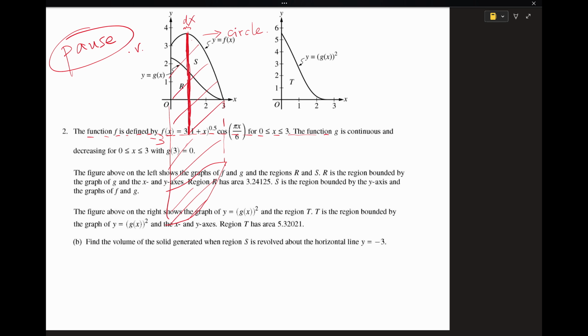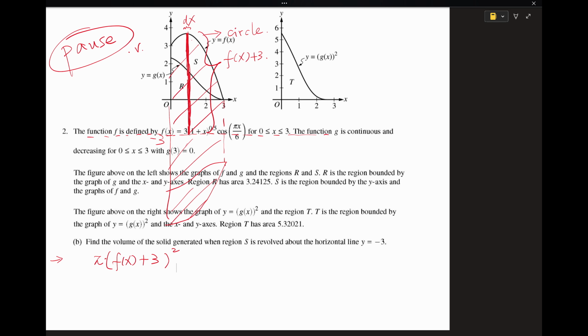And we know that the radius of this circle would be the value of f(x) plus 3. And then we're going to write down the volume of this slice first. So the area of the circle would be pi times the square of the radius.